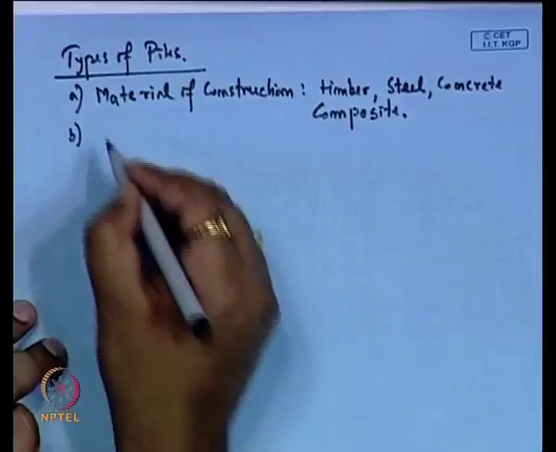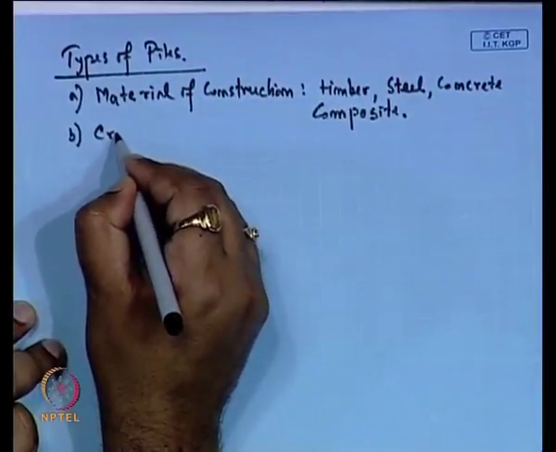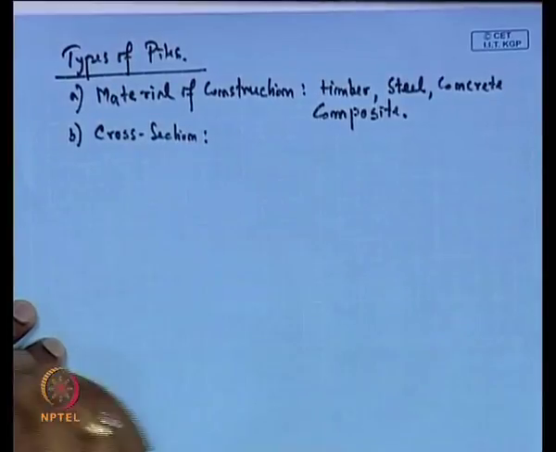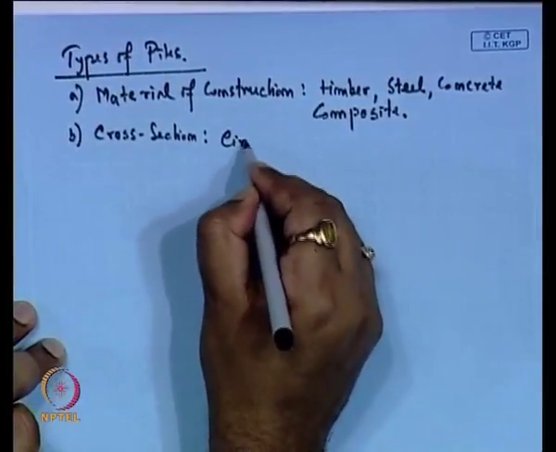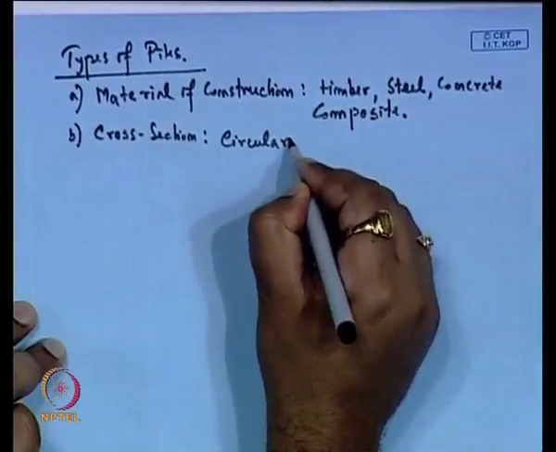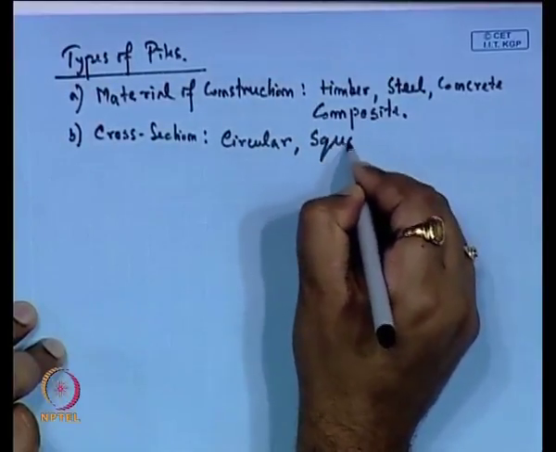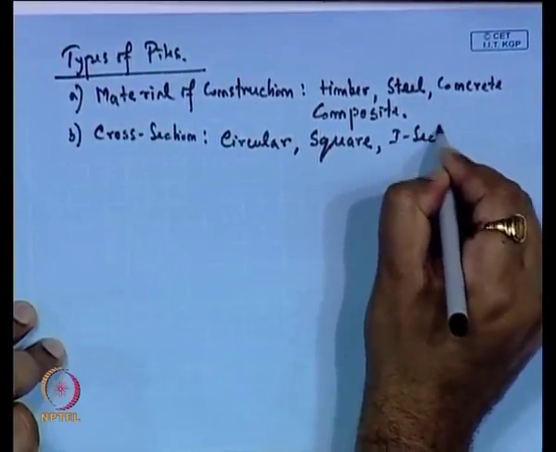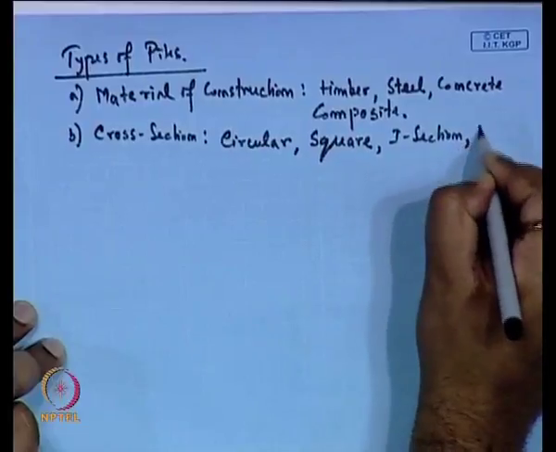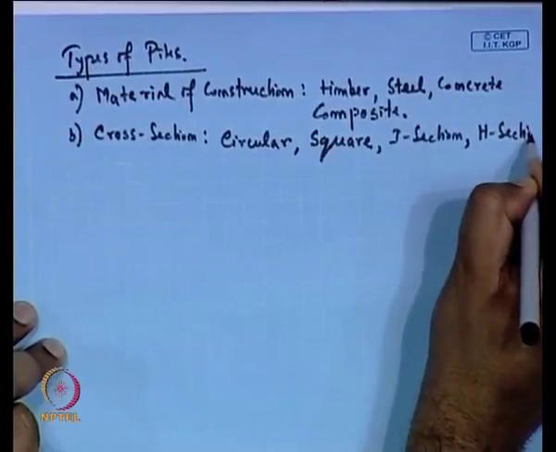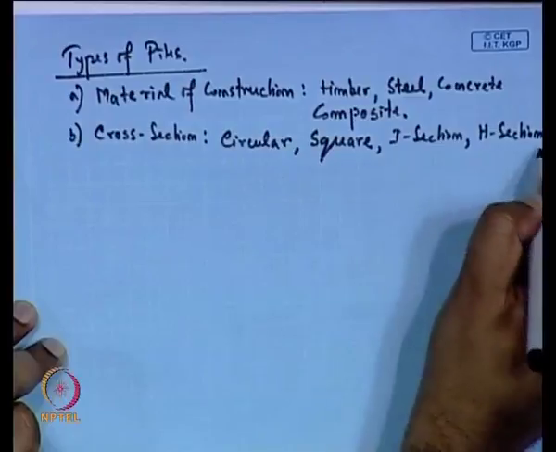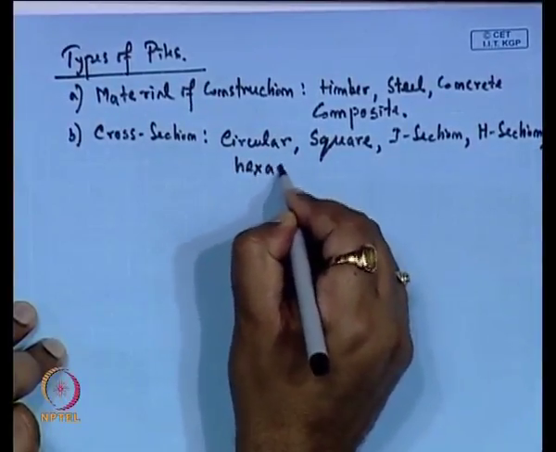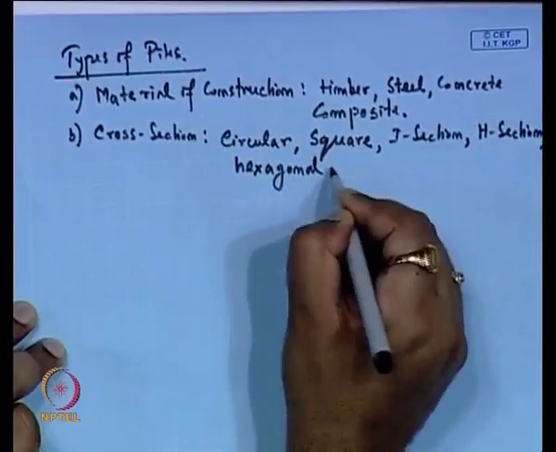Now, the next one, based on the cross section, this pile can be circular, that can be square, that can be I section if it is a steel pile, that can be H section, that can be hexagonal, etc.